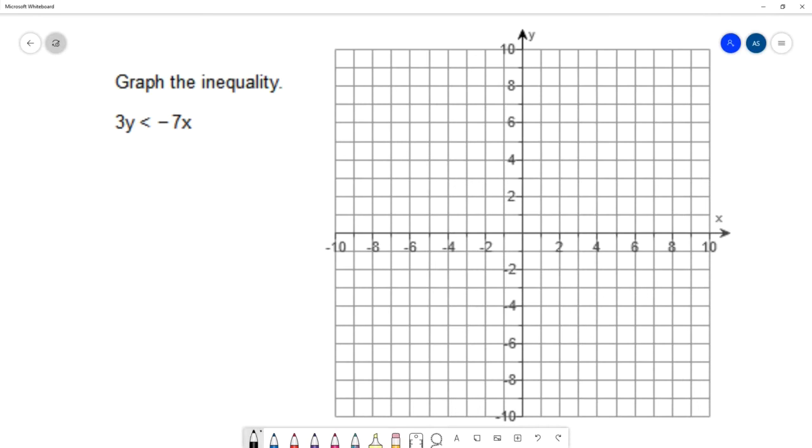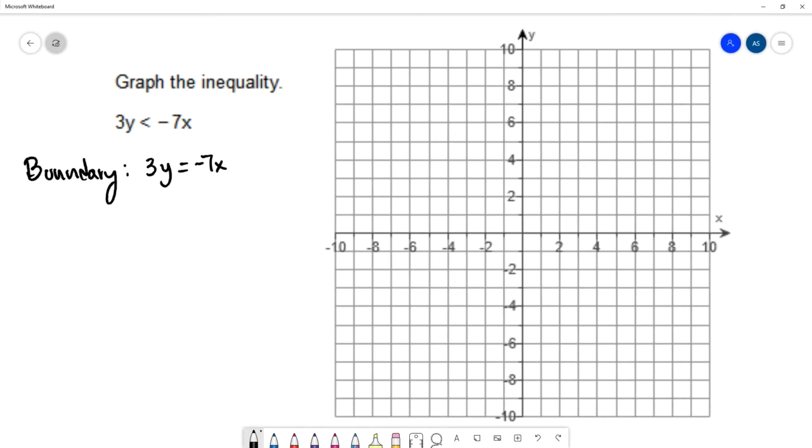You're going to start with the boundary. And to find the boundary, we're going to treat the inequality as if it were an equation. So instead of 3y is less than negative 7x, we treat it like 3y equals negative 7x.